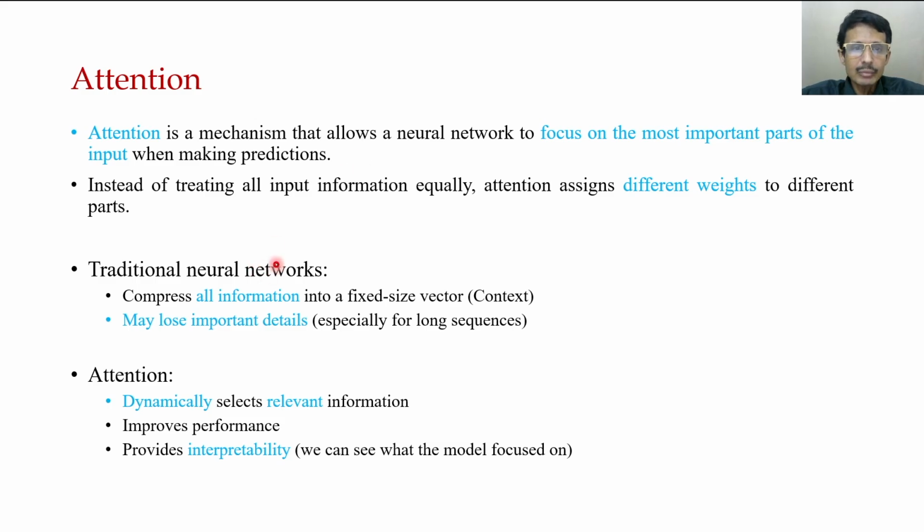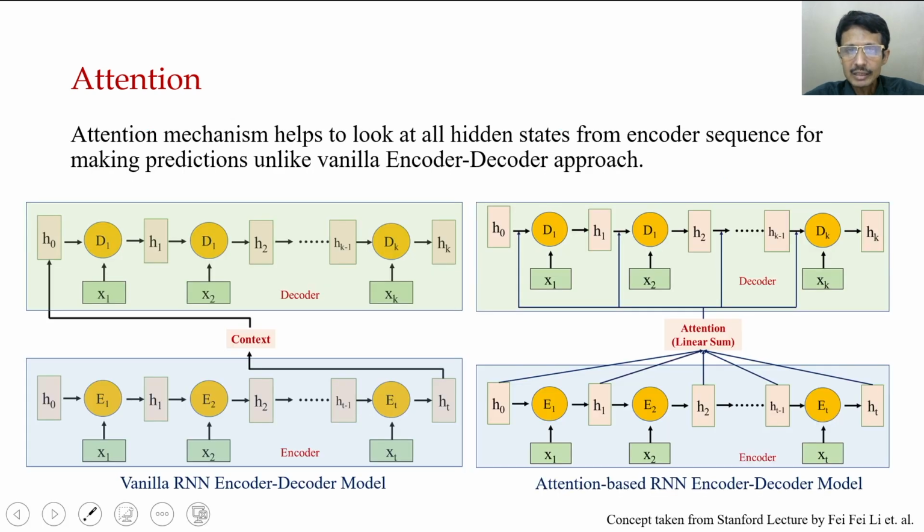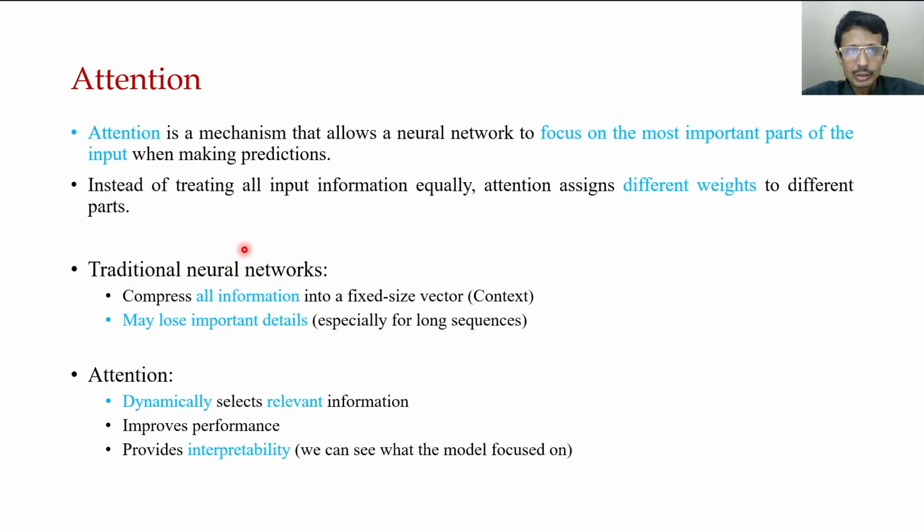So what do traditional neural networks do? They compress all information into a fixed size vector. That's what we have seen here, that all the information is somewhat averaged or taken care of. But in attention, we try to find some weightage over the inputs or different parts of the inputs.